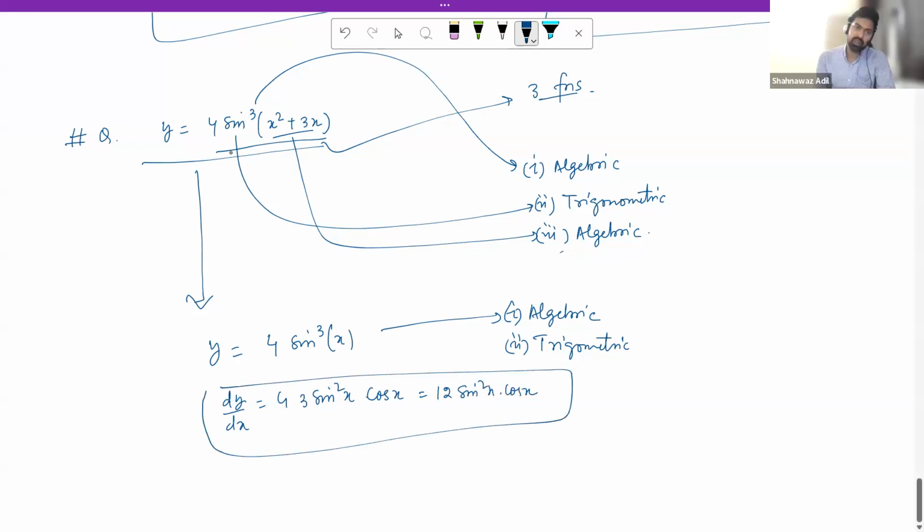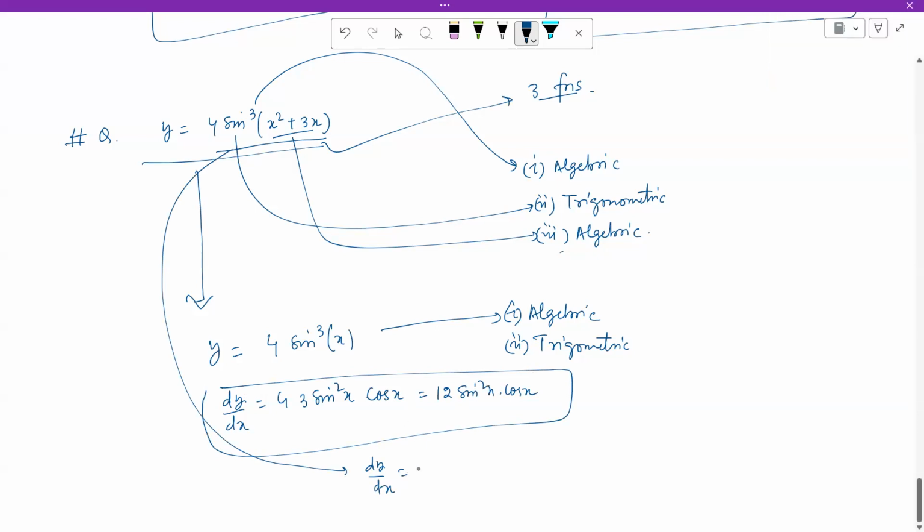But now if we talk about this differentiation, what would this one be? It will be 12 sine square of (x square plus 3x).